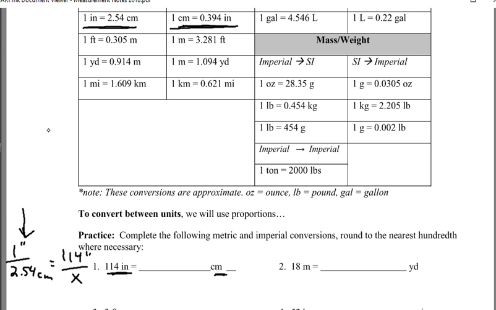It tells us the immediate relation, and then the second ratio tells us what we're looking for. However, I could also use the other relation. 1 centimeter is 0.394 inches. Well, in this case, we want to know 114 inches is how many centimeters.